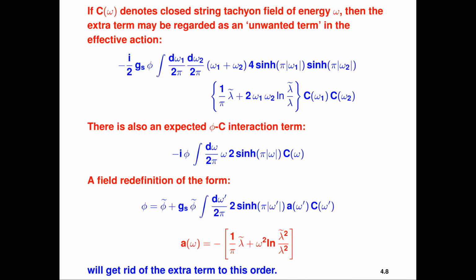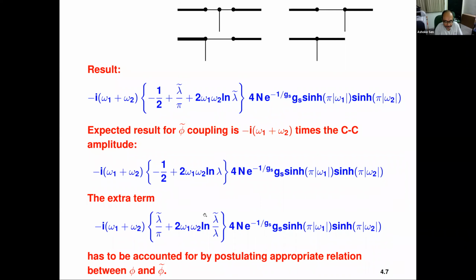Okay, so this extra piece, we can reformulate by saying that there is a contribution to the effective action that you have to get rid of. So what is the contribution to the effective action? This is a coupling between phi and two C's, because this is a phi CC, the CCO amplitude. So one phi and two closed string tachyons.